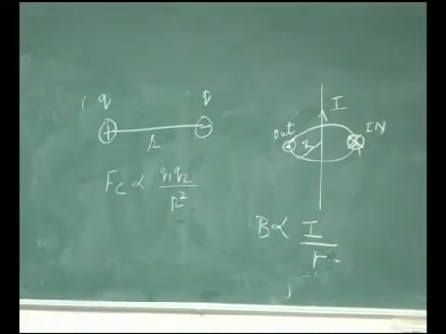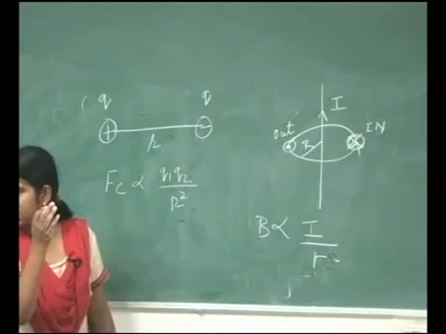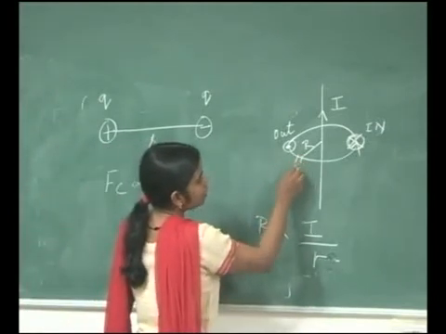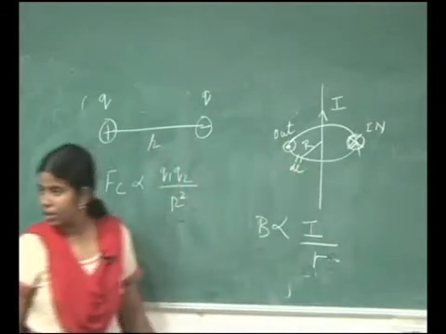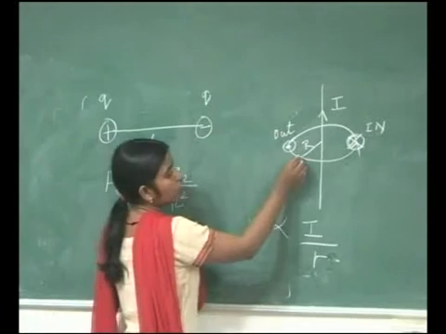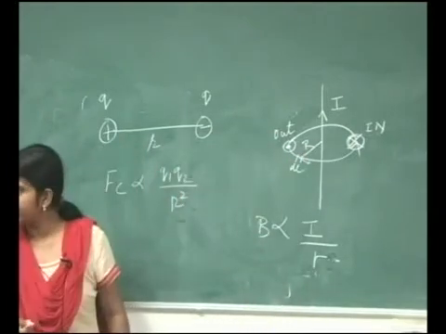Okay. Is it okay? So, this is in the perpendicular direction, and if I take a small length element dl along the tangential direction, then this r will always be perpendicular to dl.